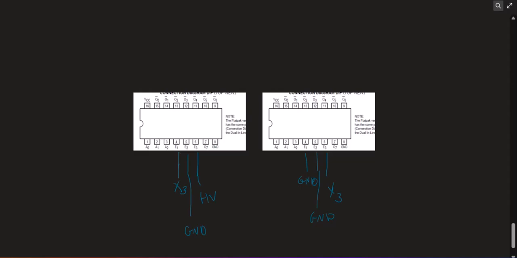So I put X3 as the input to E1 on the first chip. So in order to be enabled, E1 needs to be low, E2 needs to be low, E3 needs to be high. If X3 equals 0, which one of these is enabled?